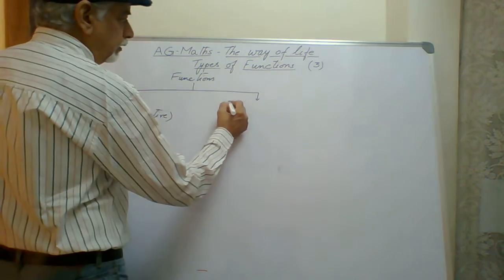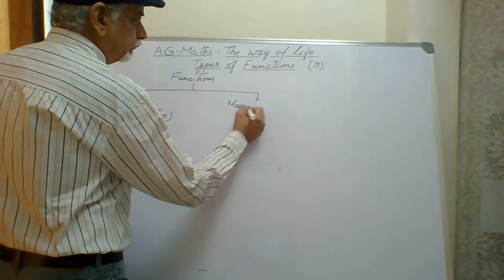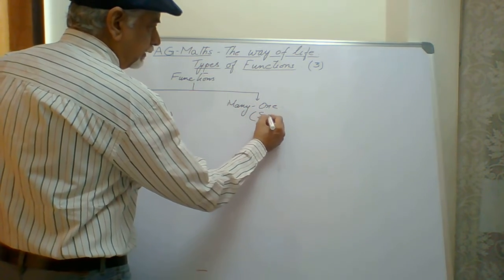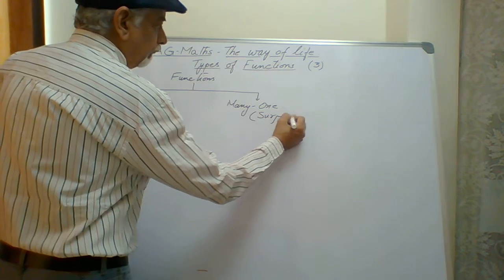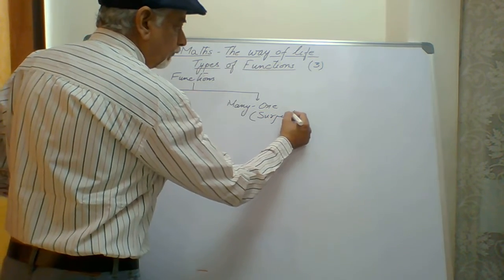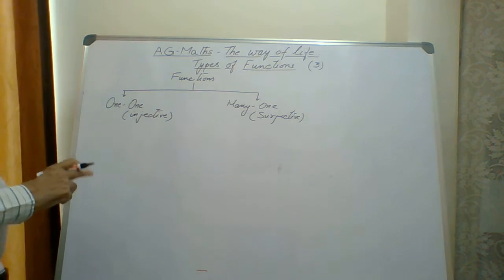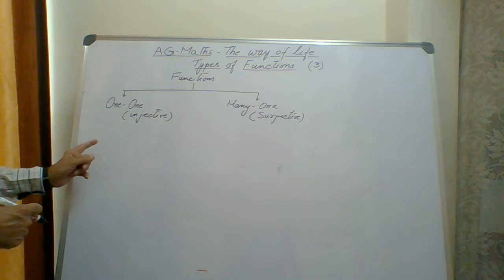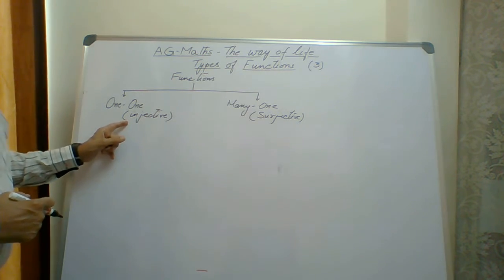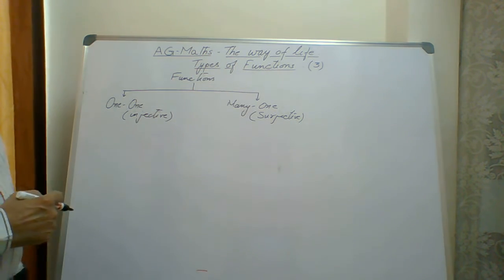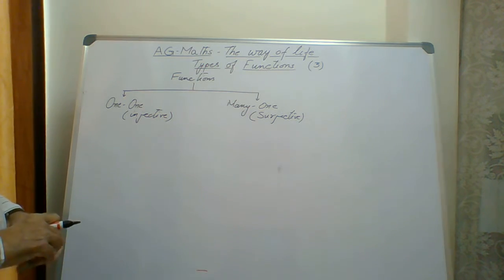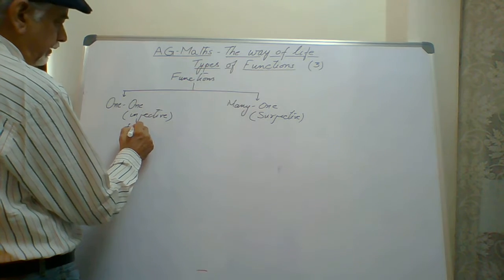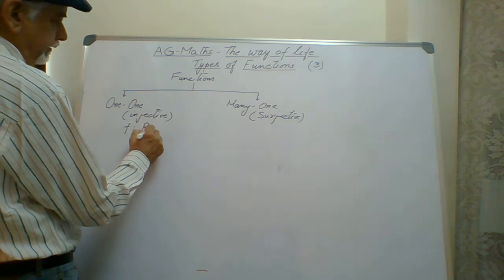The other is called many one, and it is also called surjective. These are the names of the two main divisions of function. One is called 1, 1, which is also named injective. Second is called many one. Other name is surjective.